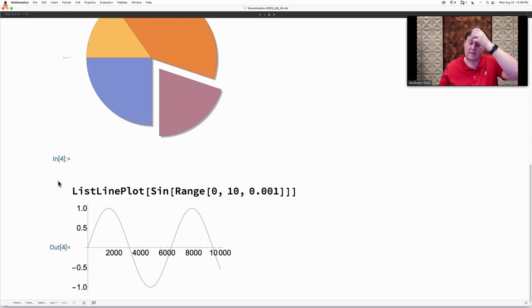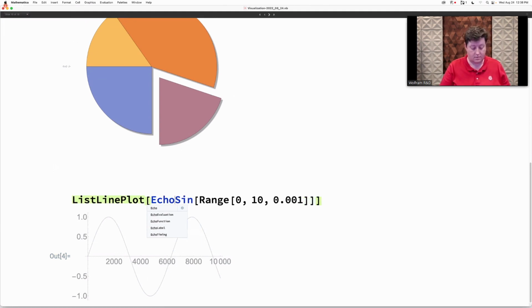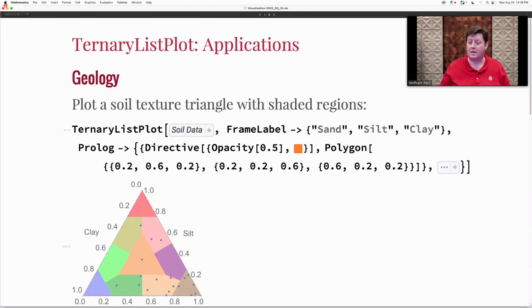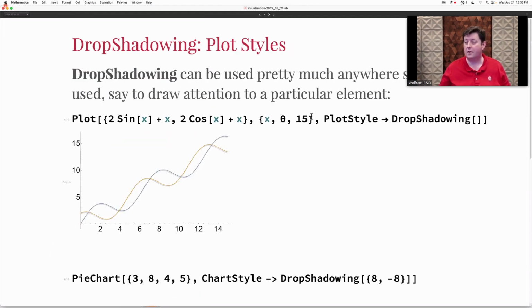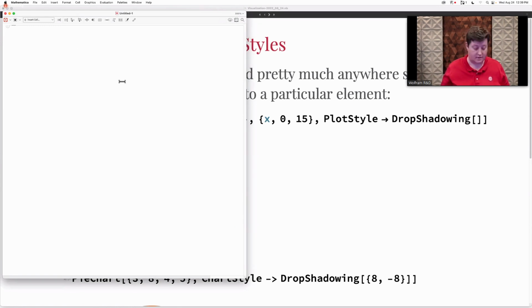And so this takes, actually, I'm going to create a new notebook, and then I don't have to deal with the presentation notebook doing weird things sometimes.